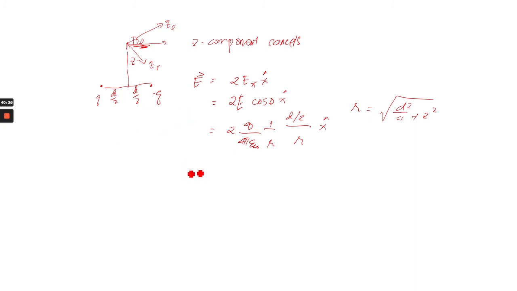So this is squared. So 2q over 4 pi epsilon naught, d over 2, the 2's cancel. This is qd, and then we have 1 over d squared over 4 plus z squared to the 3 halves x hat. So that is now my electric field.